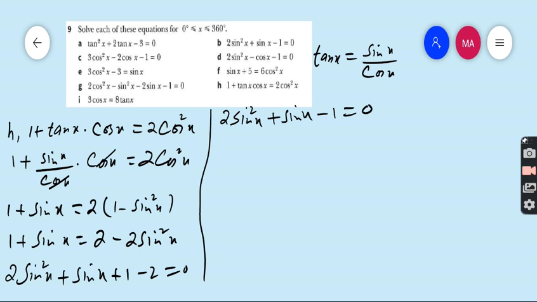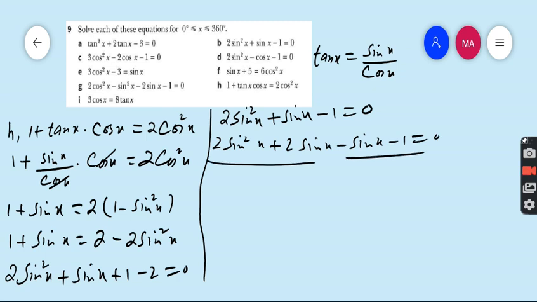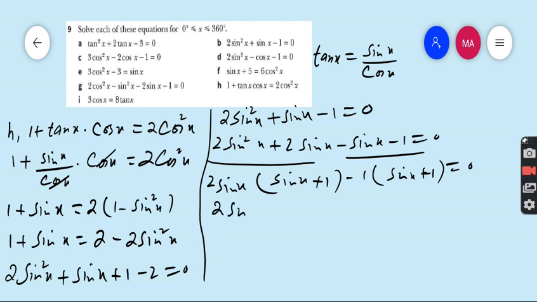Now, this equation is able to be solved. Factorize: 1 times 2 is 2, so 2 sin square x plus 2 sin x minus sin x minus 1 is equal to 0. Taking common 2 sin x plus 1, and taking minus 1, sin x plus 1 is equal to 0.